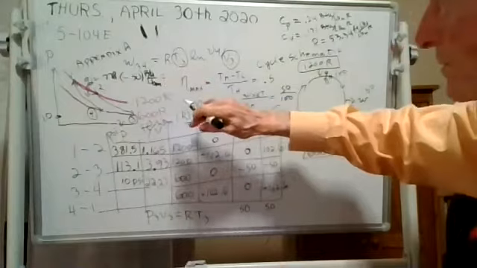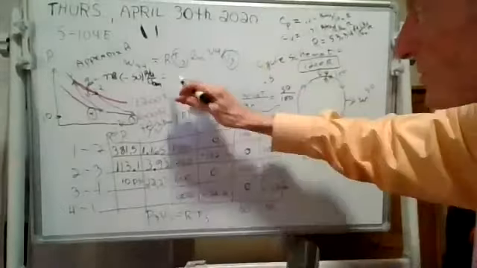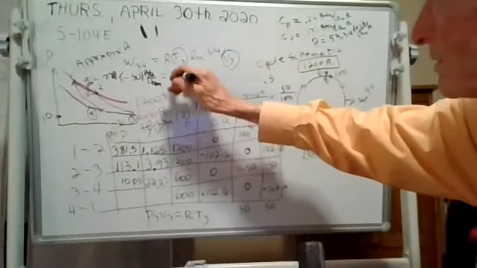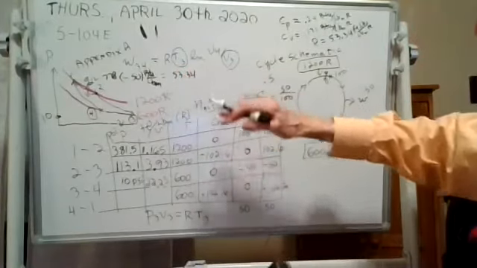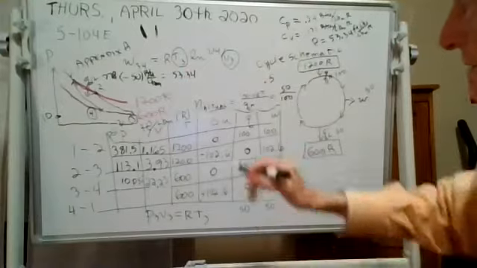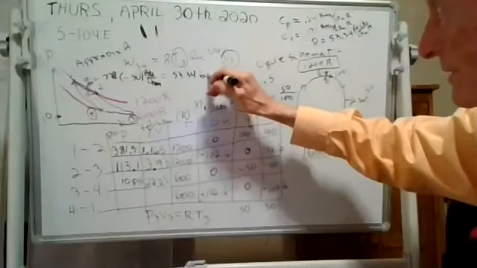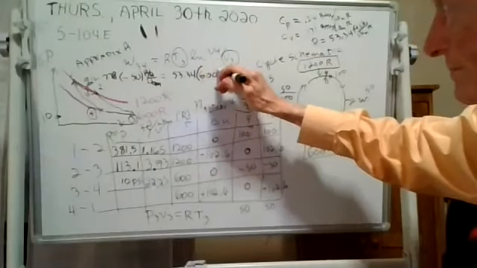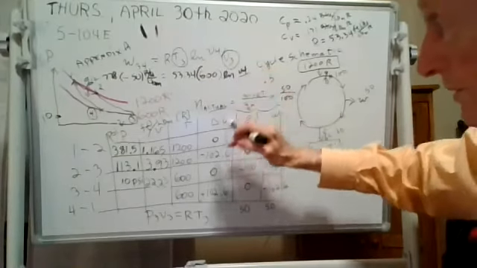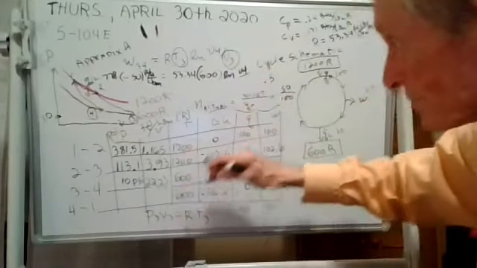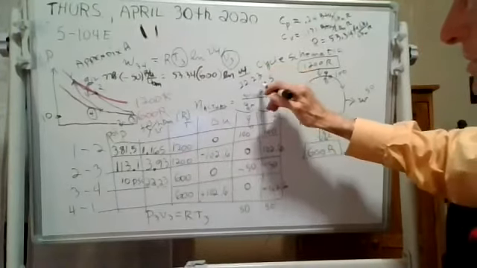And over here, what you'll have is 5334 foot-pounds per pound mass Rankine times 600 Rankine, times the natural log of V4 over V3, which we know. V3 is 22.23. A little bit nasty, but here's our equation.